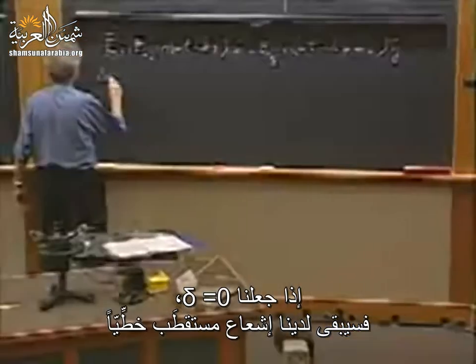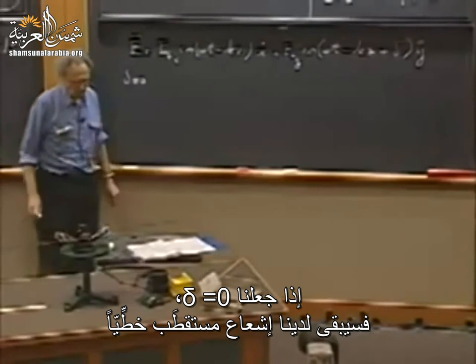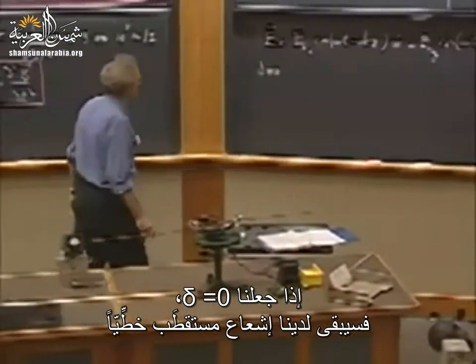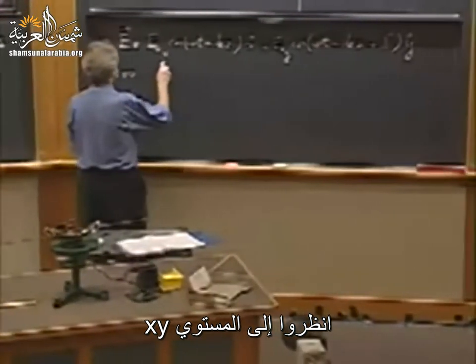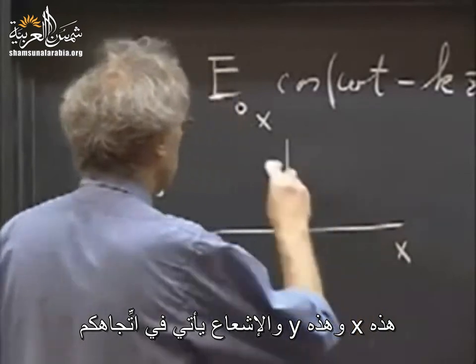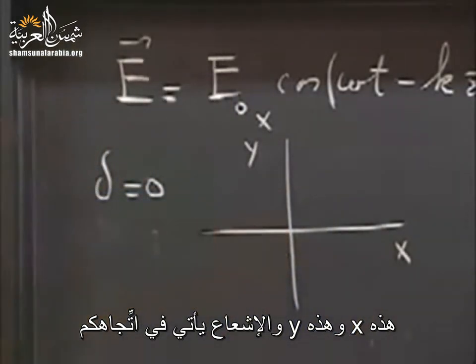If now we make delta equal to 0, you still have linearly polarized radiation. Look at the xy plane. This is x, and this is y, and the radiation is coming straight to you.